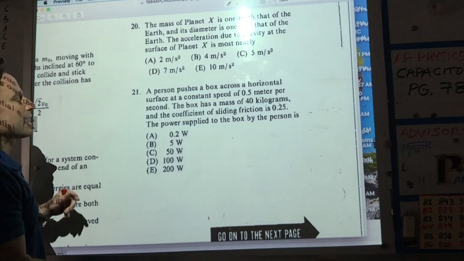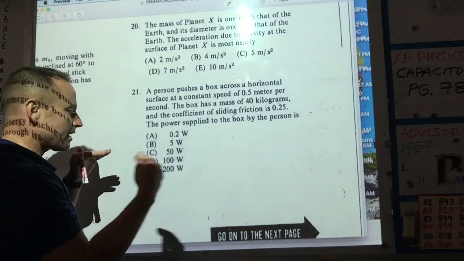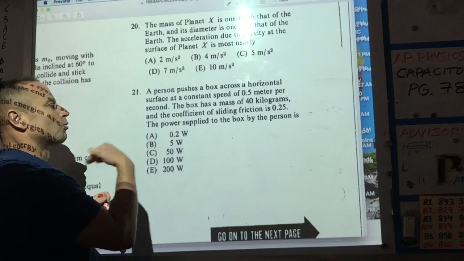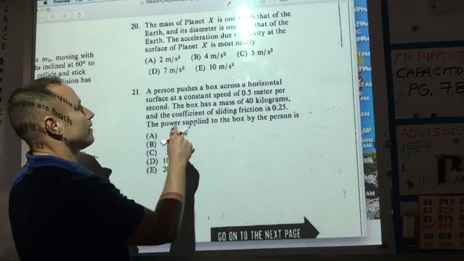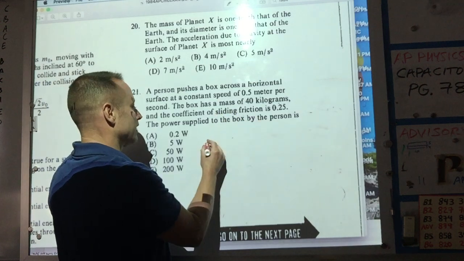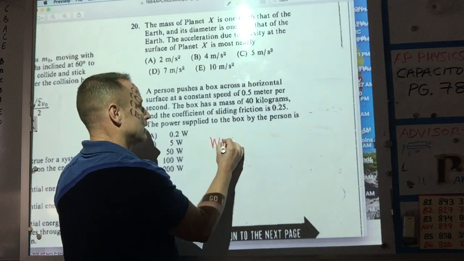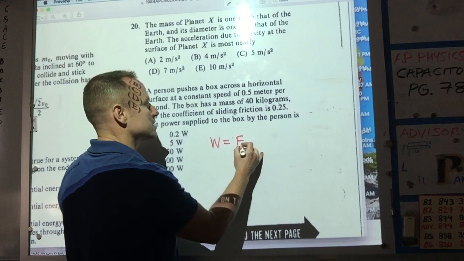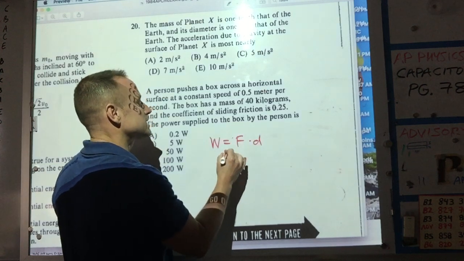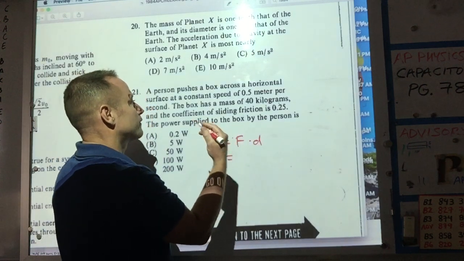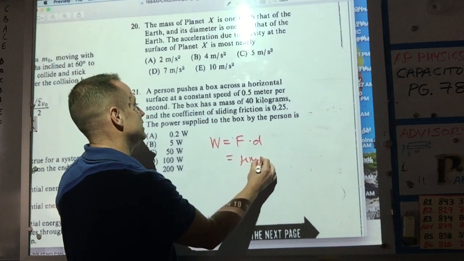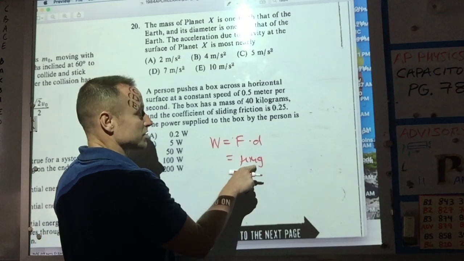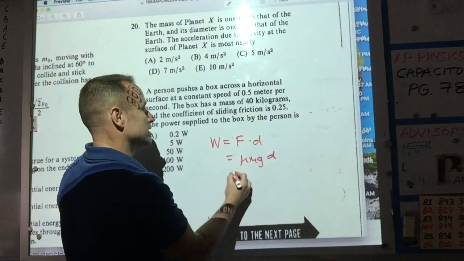Really what's happening is, as you're pushing it, friction is continuously doing work back on you. So every second, the work done by friction is going to be the friction force times the distance, so mu m g, coefficient times normal force, times the distance.